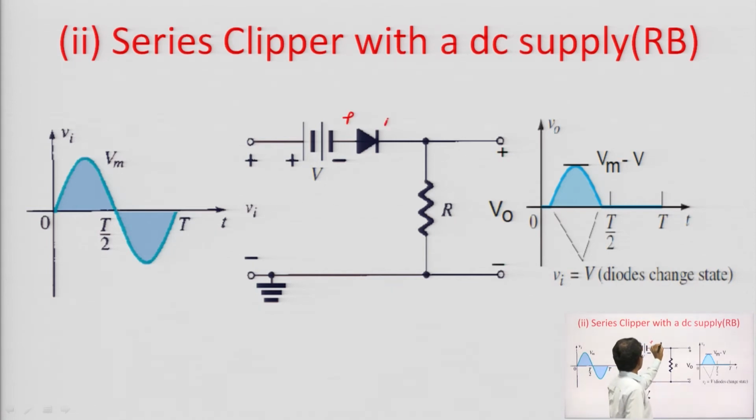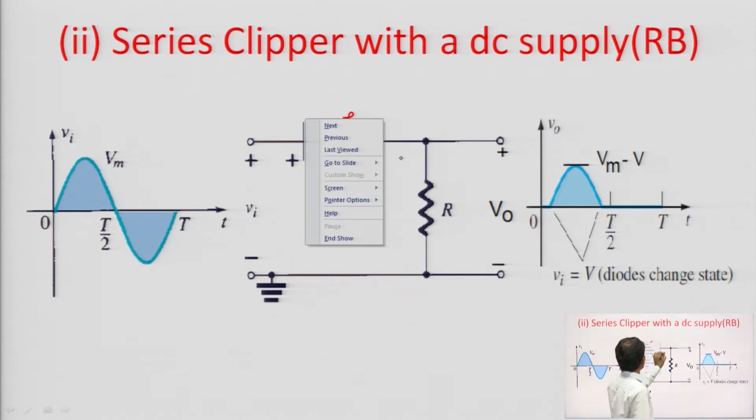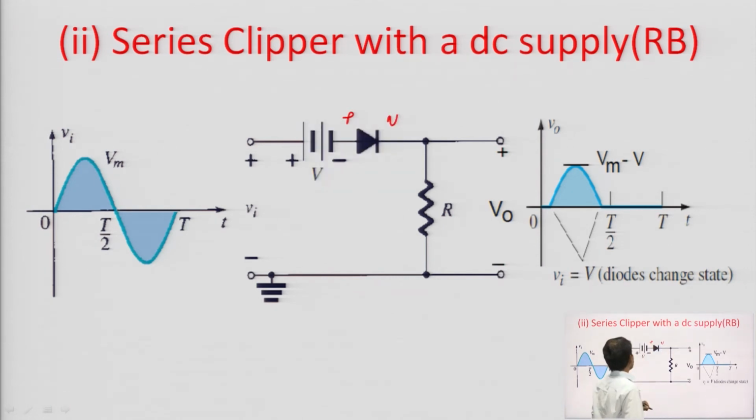That is why this is called reverse bias with the voltage V. Okay.